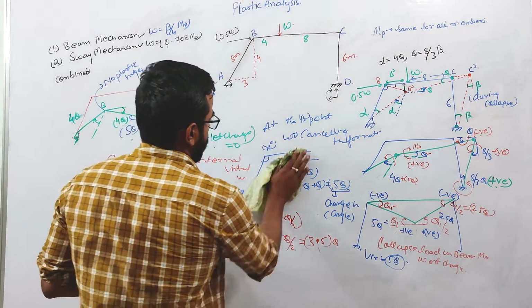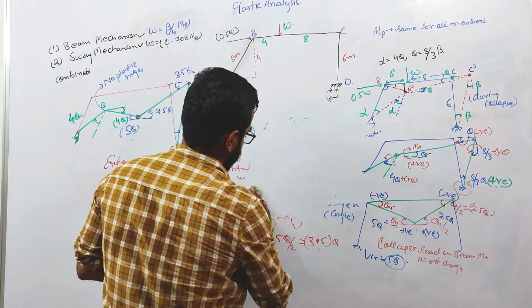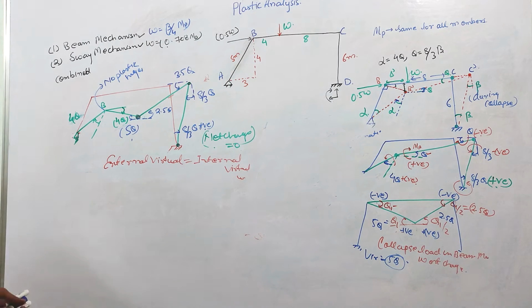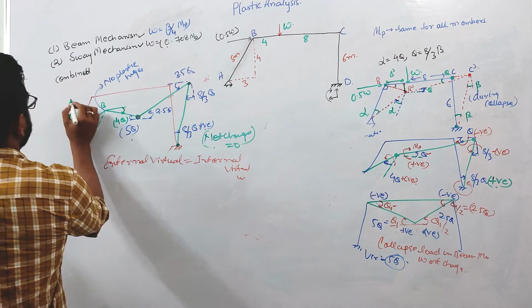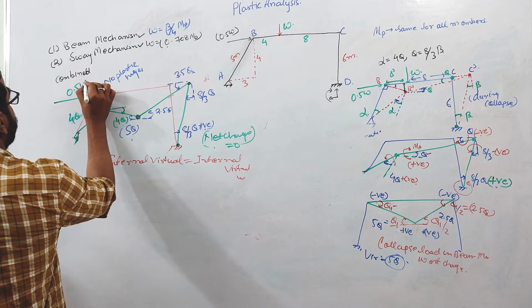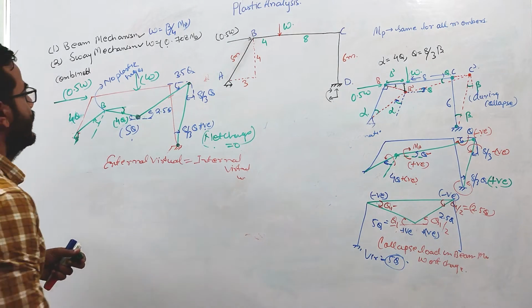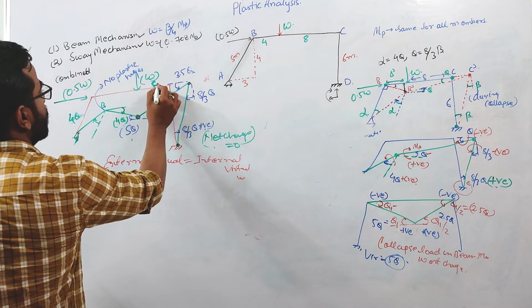I hope this is clear to you. When the external virtual work done is equal to the internal virtual work done, here the load acting is 0.5 W, and here at the hinge location the load is W. This distance will be 8.